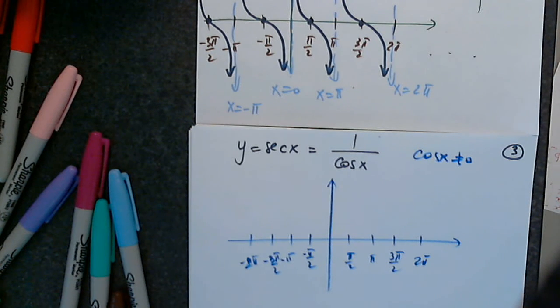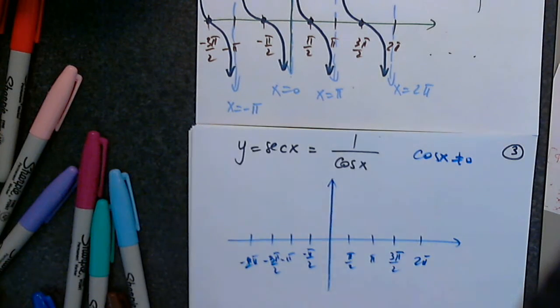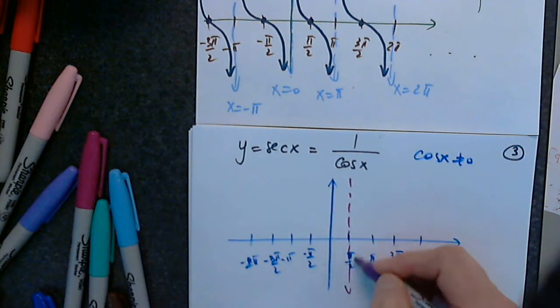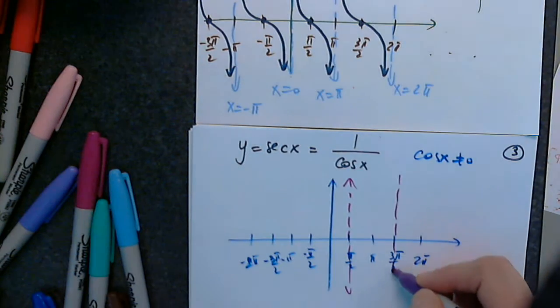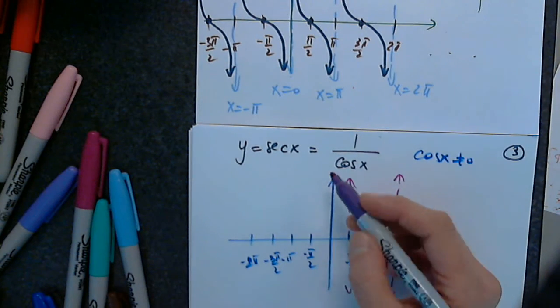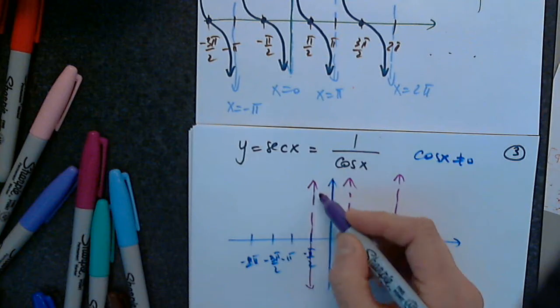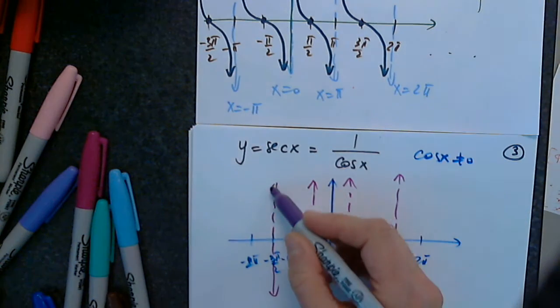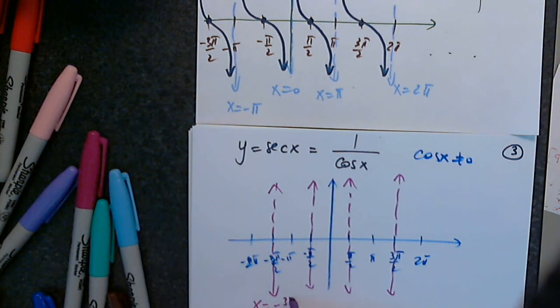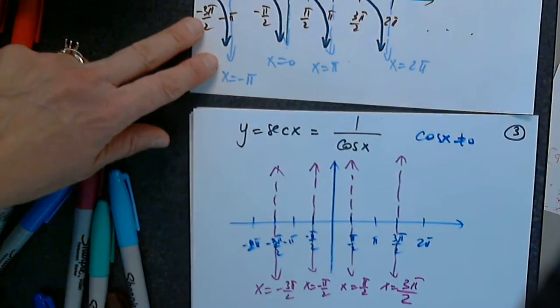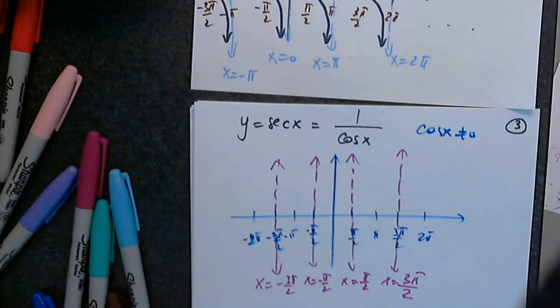Okay, where is cosine 0? Very good. Okay, now let's think for a moment.